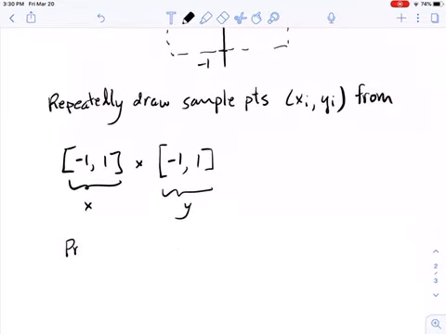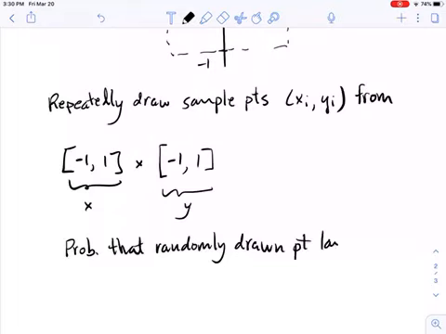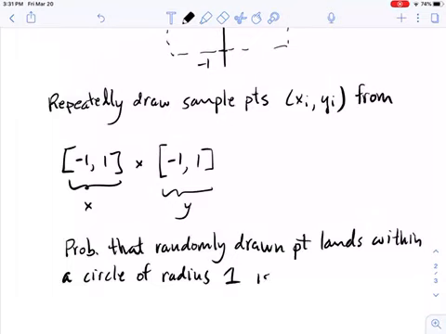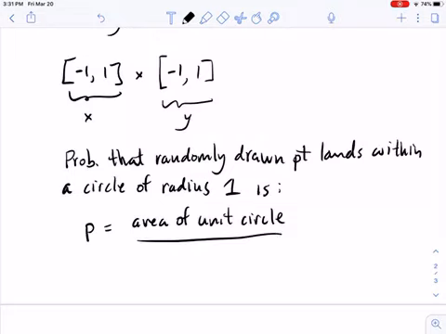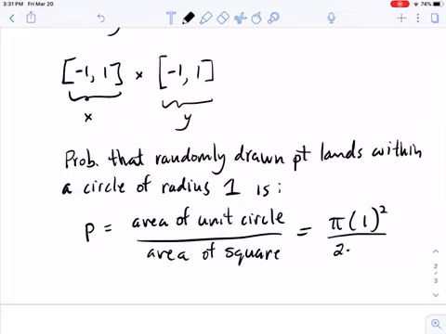And then we could say that the probability that a randomly drawn point lands within a circle of radius 1 is, well, that probability is the area of the unit circle of radius 1, divided by the area of our square, which is just pi r squared over 2 times 2, which is this pi over 4 that we calculated for our buckets.